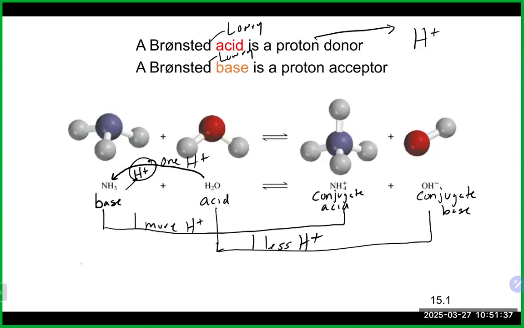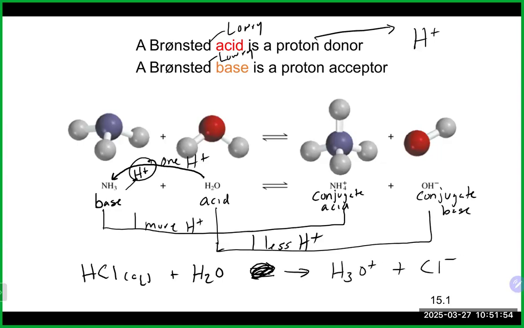By the way, we could apply this to our acid dissociated in water. If you did put the water in there, for example, with a one-way arrow, you would get again our H3O plus and our Cl minus. And once again here, we're going to send the H plus over this way. Our hydrochloric acid, no surprise, is going to be our acid.